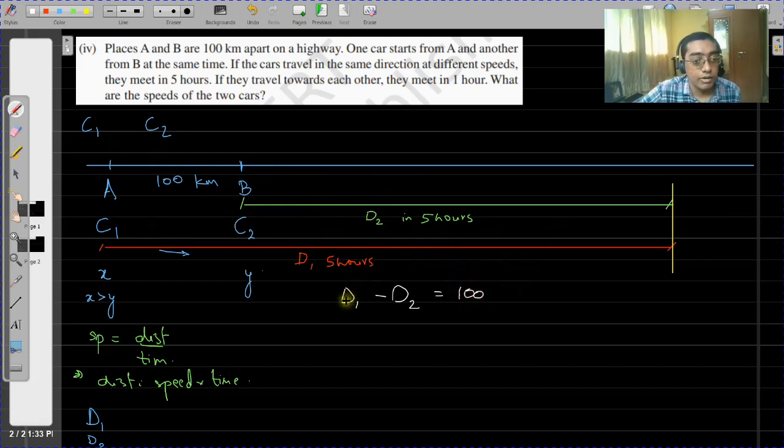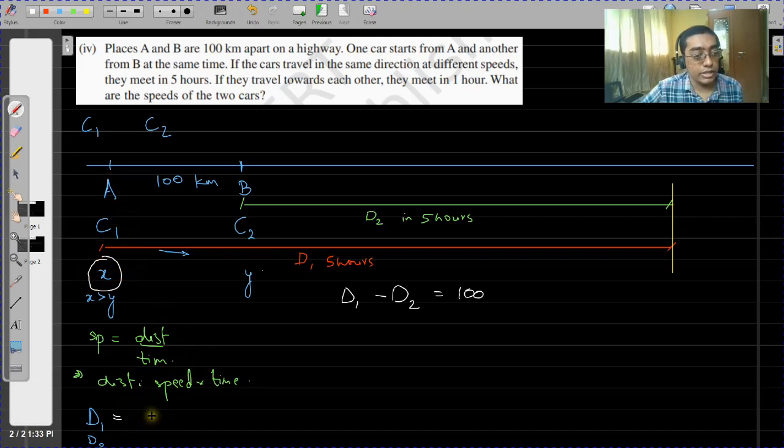Now we want to remove D1 and D2. Instead of D1, we have to write something else. So we go to the formula from physics, the formula of speed and time. So we have D1 equal to distance is equal to speed into time. D1 is the distance traveled by the first car. So what is the speed of the first car? Speed of the first car is x.